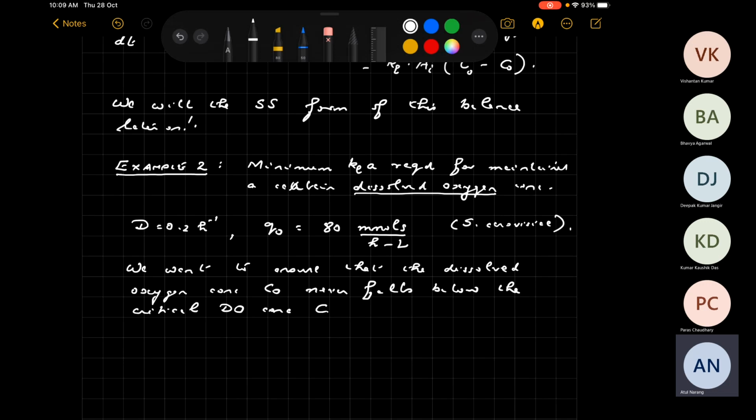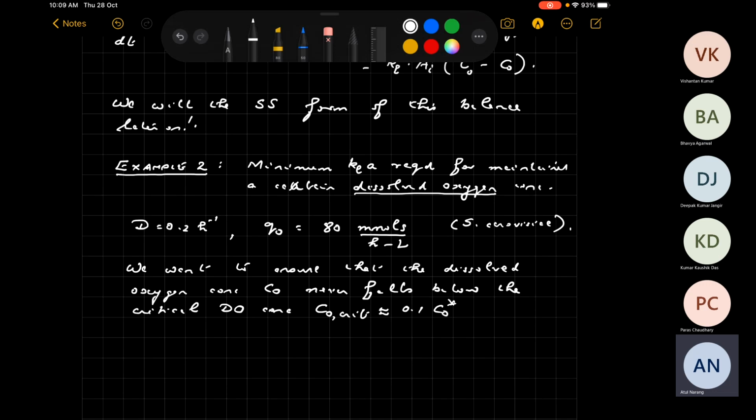The notation is C_O critical, right? That critical concentration is around 0.1 or 0.05 C_O star.